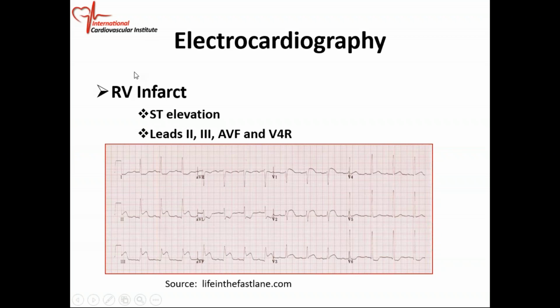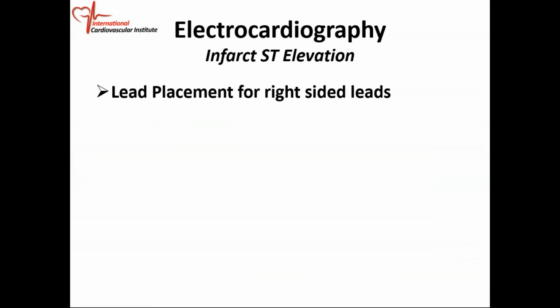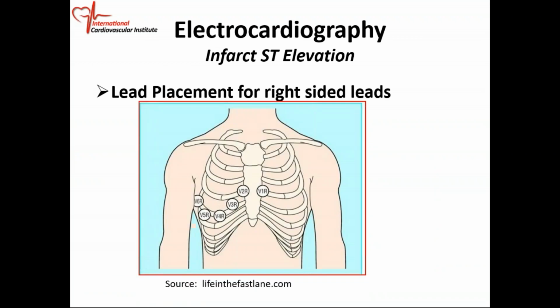So how do you diagnose an RV infarct? You have to put the ECG leads a little bit differently, and we talk about a V4R. So you're going to line up the ECG. Let me show you how to do that. You're going to put the ECG like that. So this would be your V1R, okay?